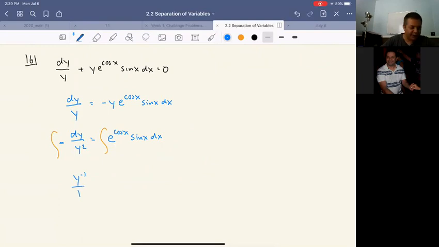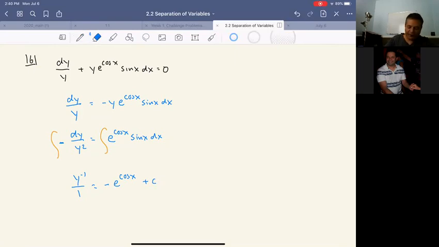The negative signs cancel, equals, now on this side, we're going to have u equaling cosine of x, du is negative sine x dx. This is going to be simply negative e to the cosine x plus a constant c.